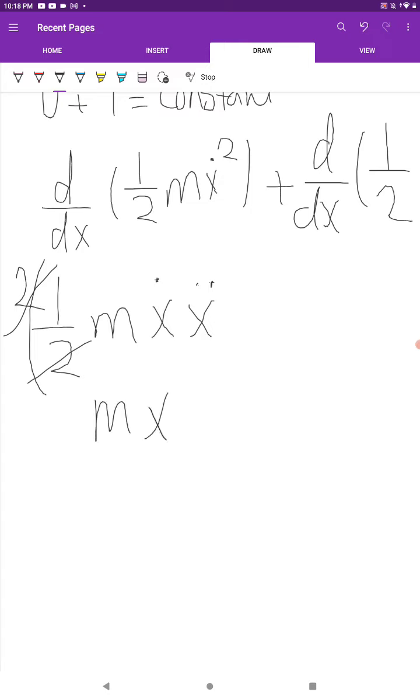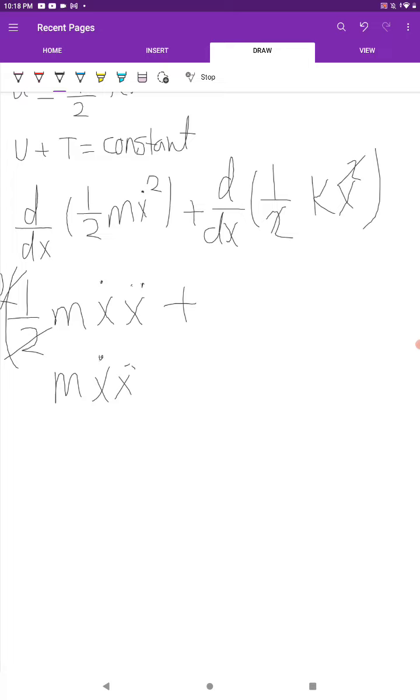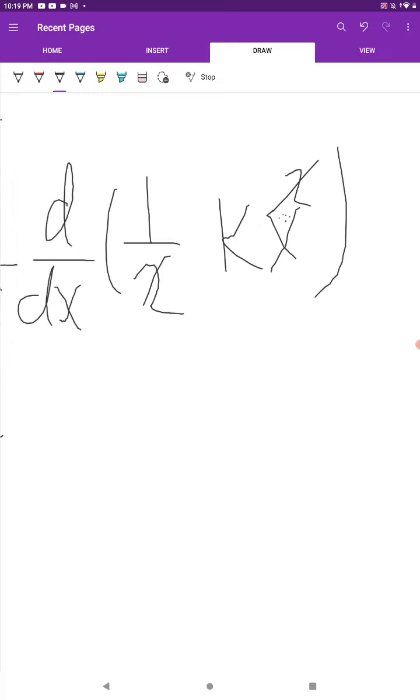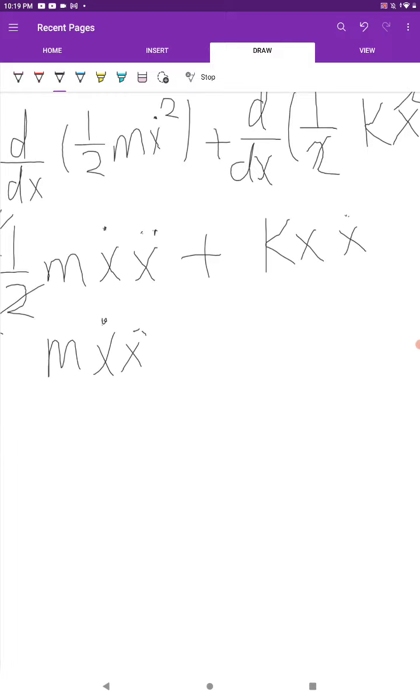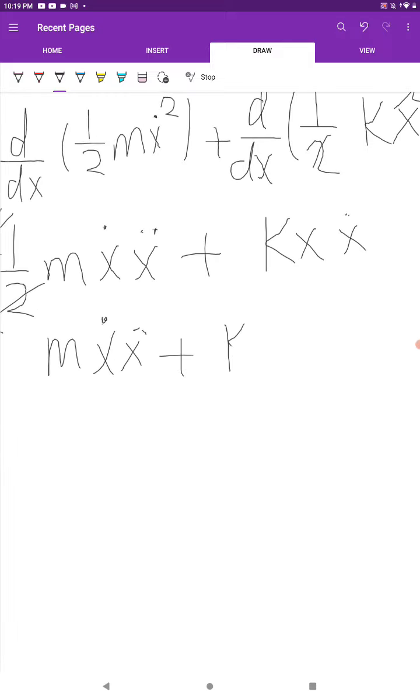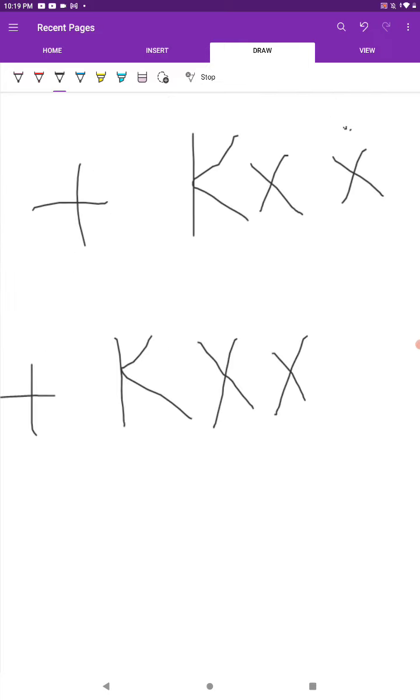We're gonna be left with mx dot x double dot plus, same thing here, the two cancel each other, the derivative of that, so we're gonna have kx and then x dot, and then we set that equal to 0.